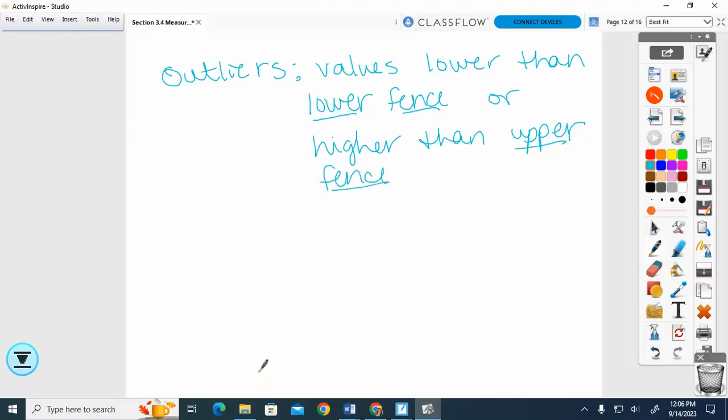So we actually have a mathematical way of calculating what would be extreme or not.